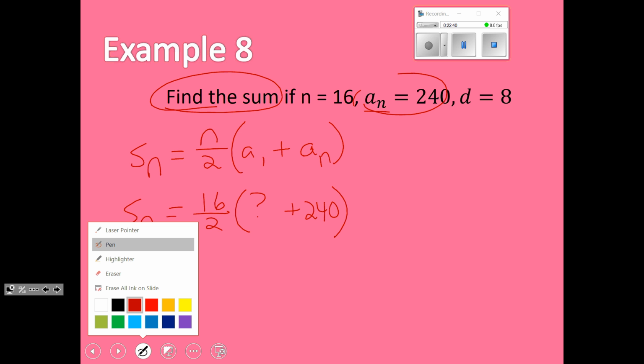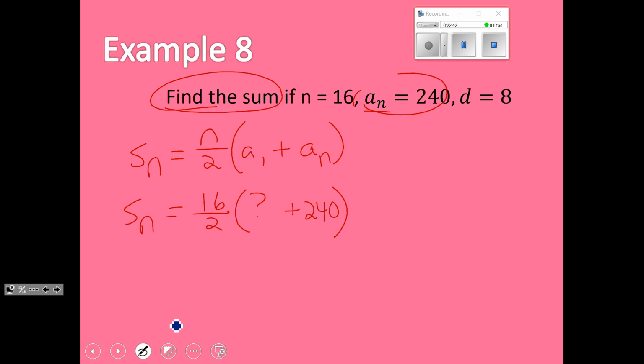Okay? So what we need to do is go back to our a sub n formula. I call this Old Faithful. Okay? We always revert back to Old Faithful. A sub 1 plus n minus 1 times the common difference d. So we know a sub n is 240. We're going to search for a sub 1 this time. We know our n is 16.